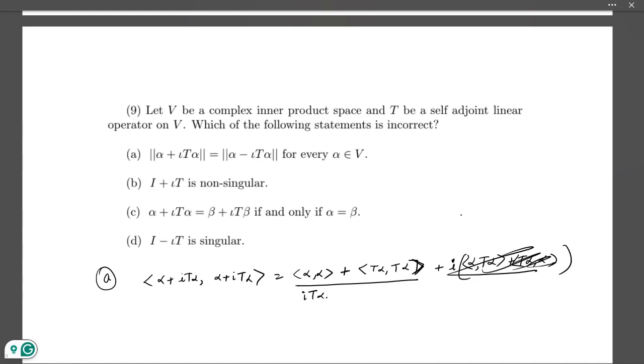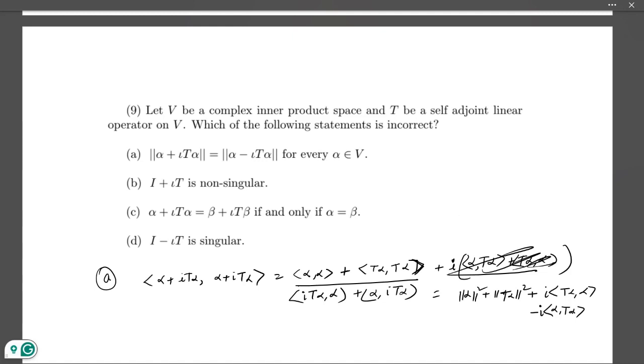From here you have iT alpha and alpha iT alpha. Sorry, from here you will get norm alpha square plus norm T alpha square plus i T alpha alpha minus i alpha T alpha. Okay.